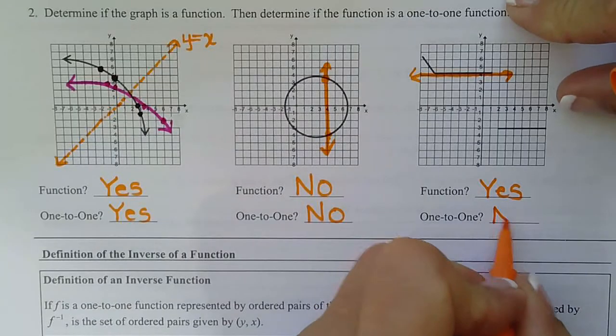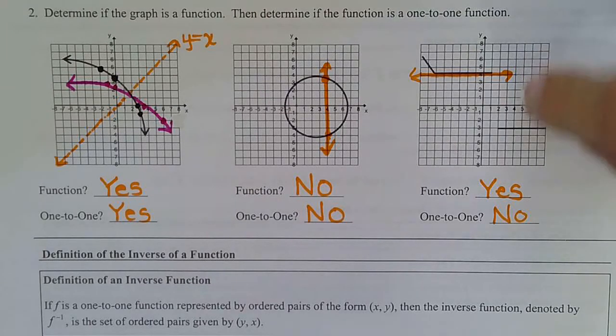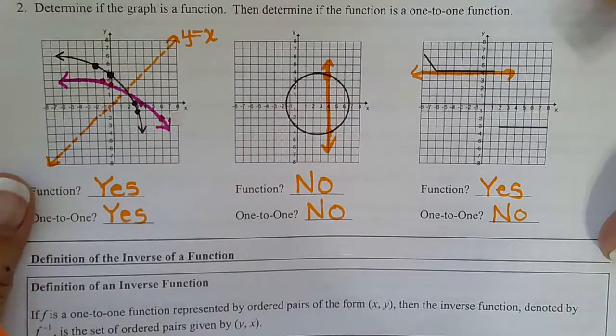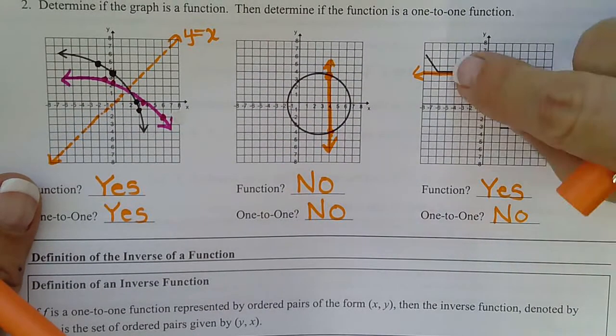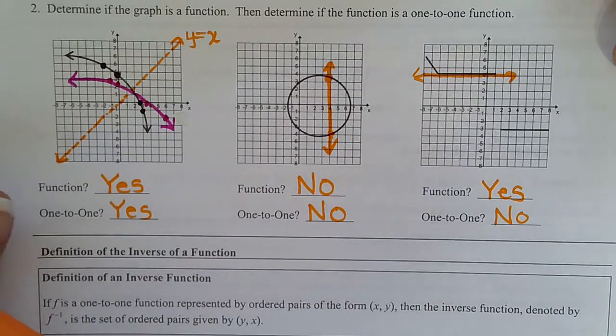So although this one is a function, that means all the x's are different, all the y's are not different. You can see -1, 5, -2, 5, -3, 5, -4, 5, -5, 5. So there's a bunch of points with the coordinate 5 on that graph.